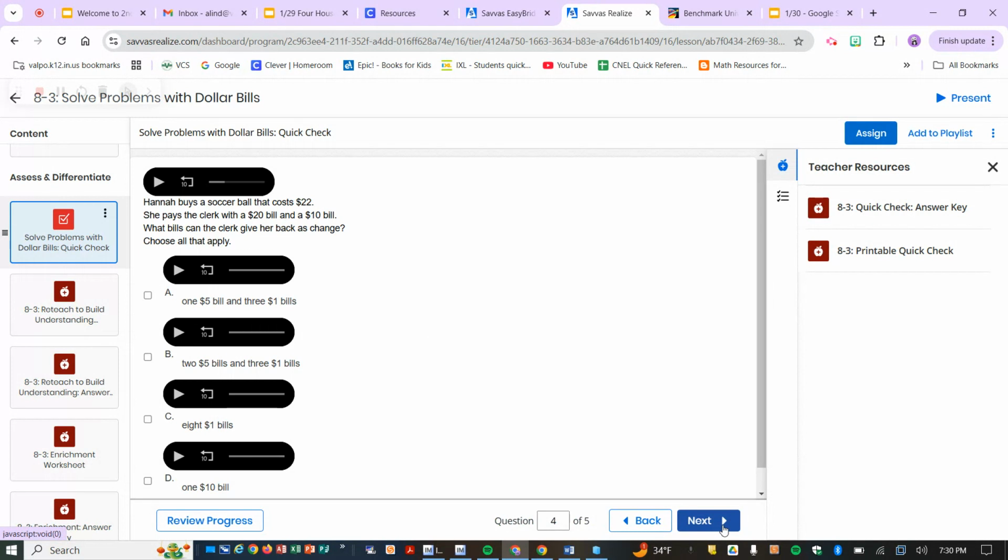Let's look at number 4. Hannah buys a soccer ball that costs $22. She pays the clerk with a $20 bill and a $10 bill. So the first step here is to find out how much did she give the clerk? What is 20 plus 10? Then it says, what bills can the clerk give her back as change? So the second step is to solve 20 plus 10 minus 22.